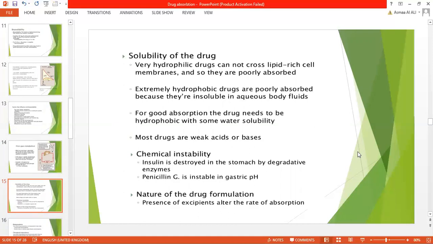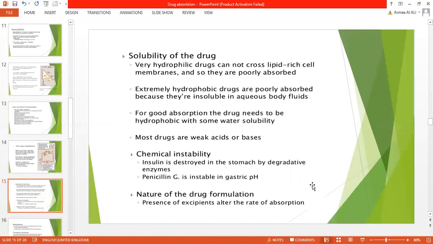For chemical instability, as an example, some drugs such as penicillin G are unstable in the pH of gastric content. Others, such as insulin, are destroyed in the GI tract by degrading enzymes. Nature of the drug formulation: drug absorption may be altered by factors unrelated to the chemistry of the drug.